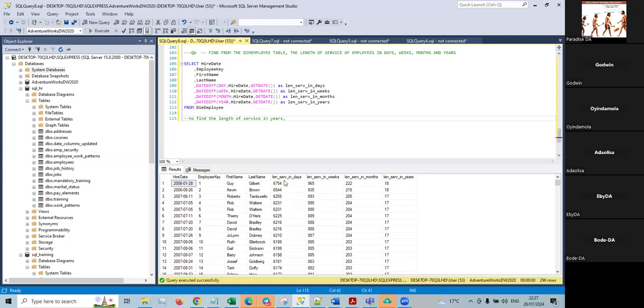To find the exact length of service in years, for example, the best thing would be to find the length of service in days and divide by 365.25.